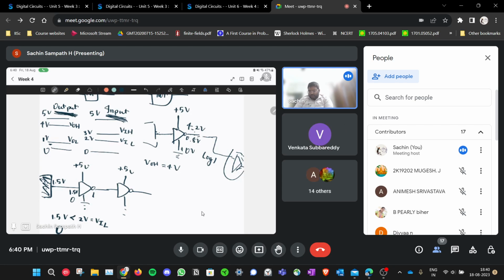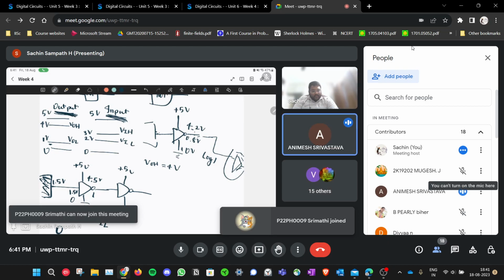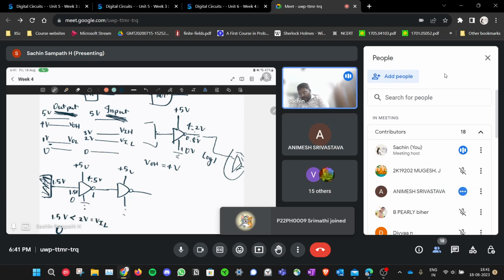Let's say it tried to send out 4.5 volts. If there is no problem, it sent out 4.5 volts. From first inverter's perspective, it sent out a logic 1. It doesn't care what second inverter does. Now the second inverter, at its input, it will see 4.5 volts. And what will it think?